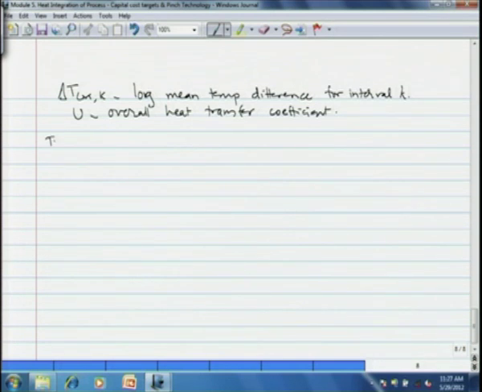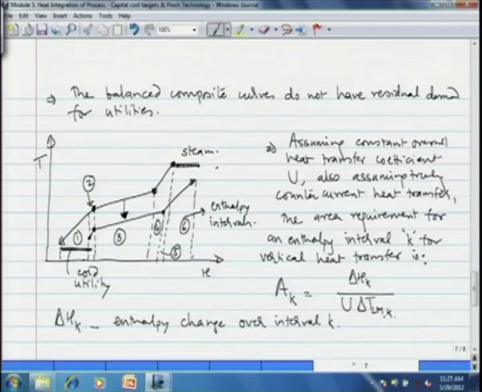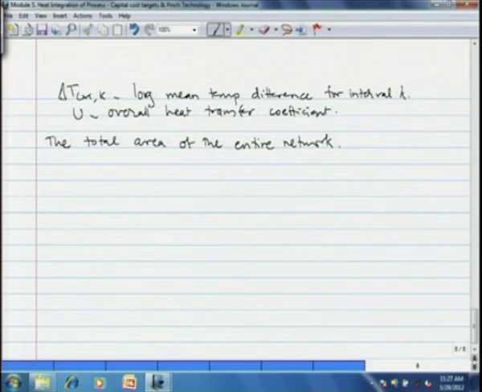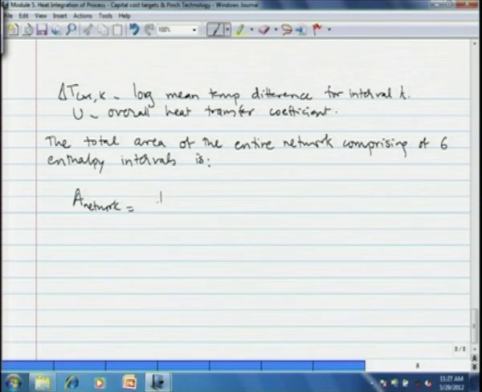Now, the total area of the entire network comprising of 6 enthalpy intervals as shown, 1, 2, 3, 4, 5, 6, is A network equal to 1 by U. We assume the overall heat transfer coefficient to be constant, so that comes out of the summation sign.